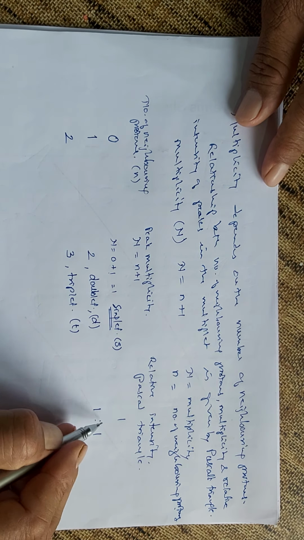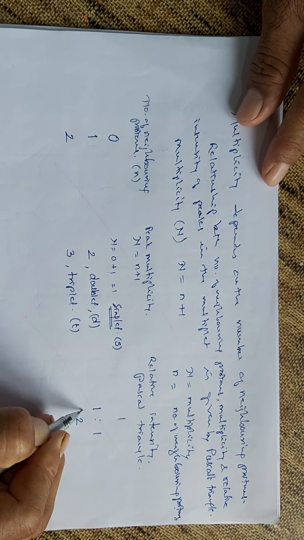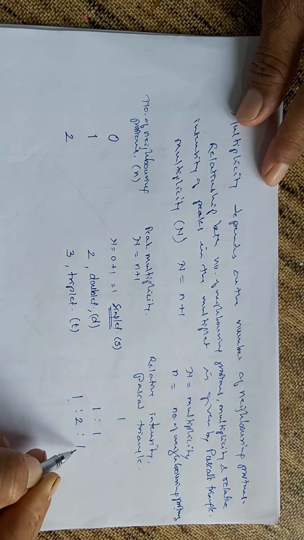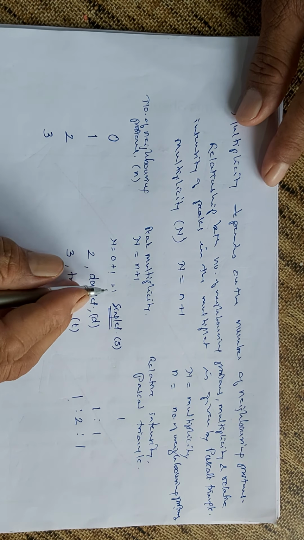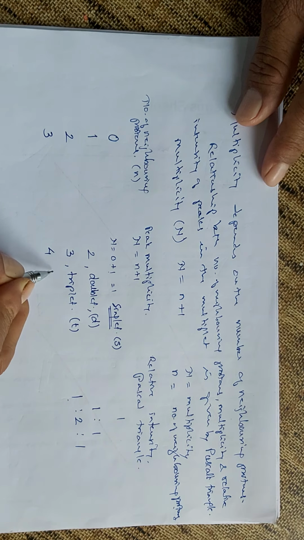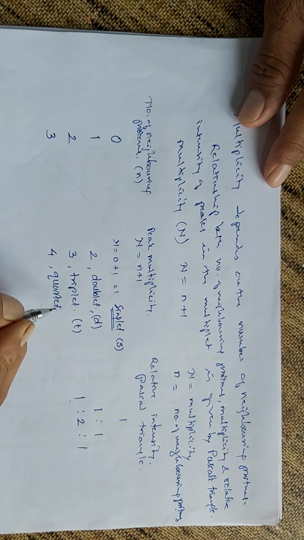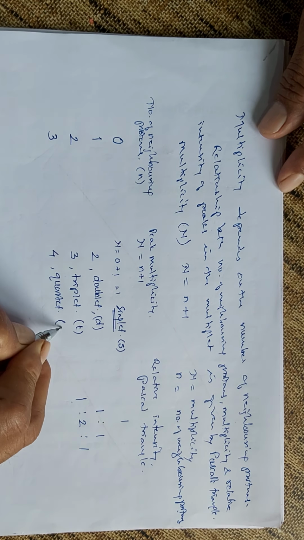How is it? It is 1 plus 1, here it is 2, and here 1 and 1. 1 is to 2 is to 1. When the number of neighboring protons is 3, 3 plus 1 is 4, you will get a quartet. One line will split into 4 lines.